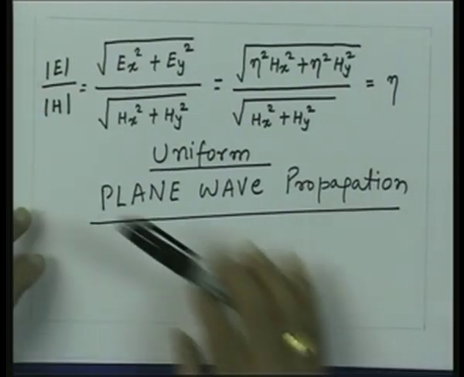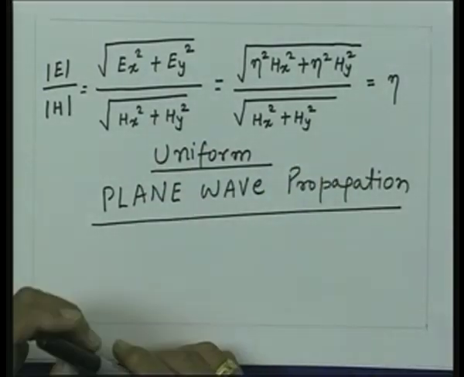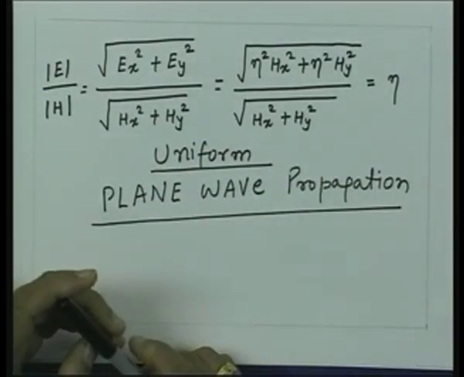Now, if I look at these electric and magnetic fields for the plane wave propagation, the analysis tells me that the electric and magnetic fields are perpendicular to each other, and they are perpendicular to the direction of propagation, like this. However, nowhere is it said that these electric and magnetic fields cannot change direction as a function of time.